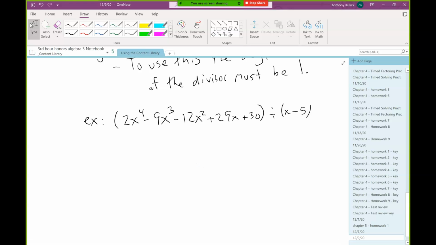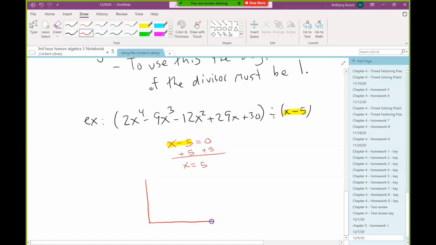So this is problem number 8. I've just recopied this. This is the division problem that we're going to do using this synthetic division shortcut. So the first step, we're going to take the divisor and set it equal to 0 and solve. So that's very easy.